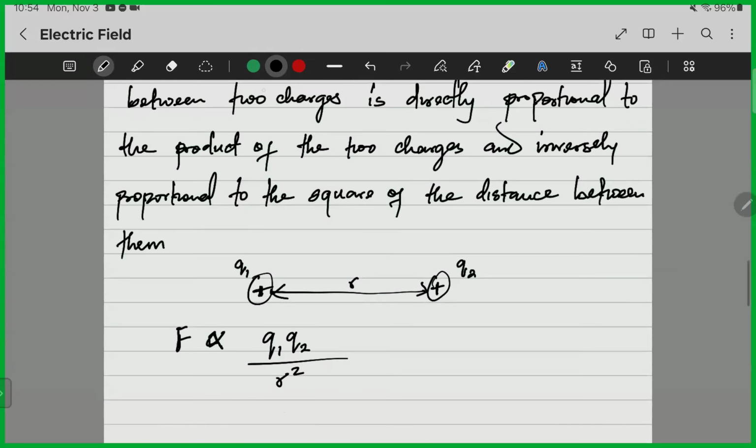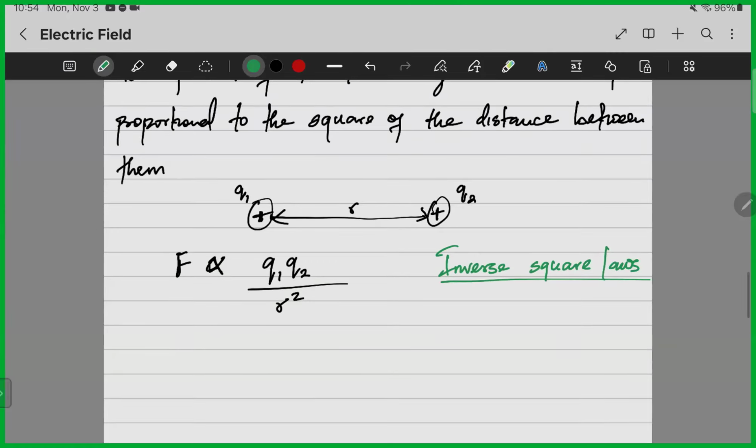Now, let me quickly note that in physics, we have something called inverse square laws. You will see a similarity with the law we gave when we were considering the gravitational field. There, we said the force is directly proportional to m1 m2 over r square.